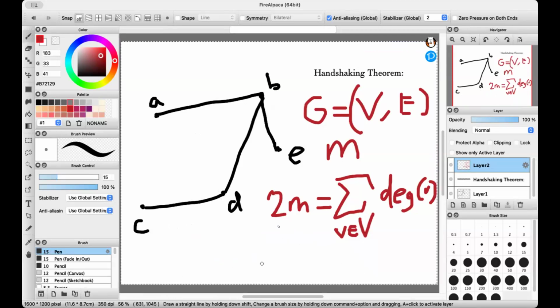But you're not allowed to have that because this says that when you sum up the degree of all the vertices in the graph, it has to be an even number. So you might encounter some problems.